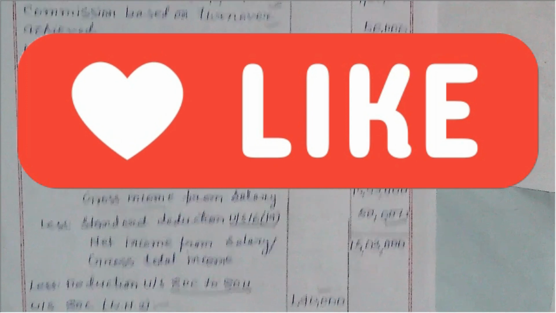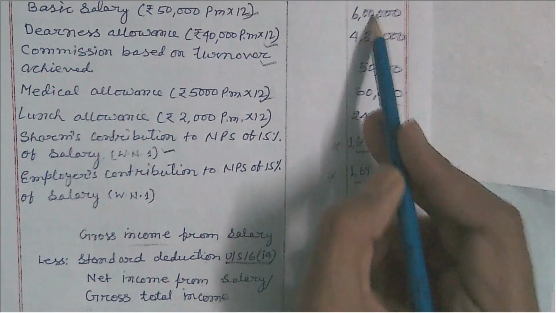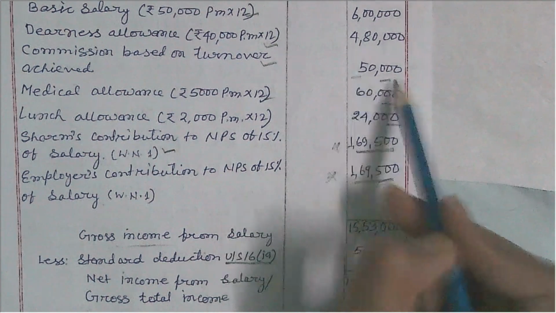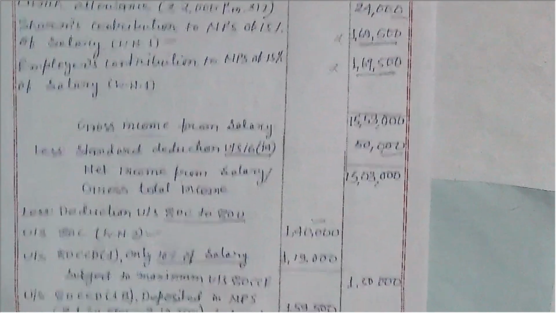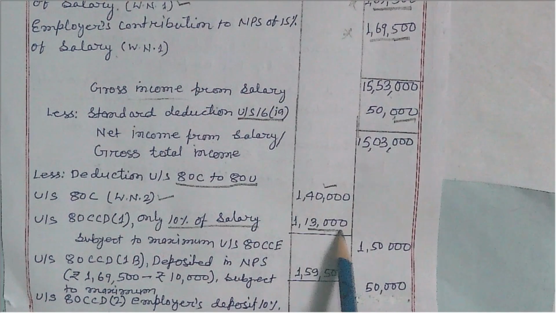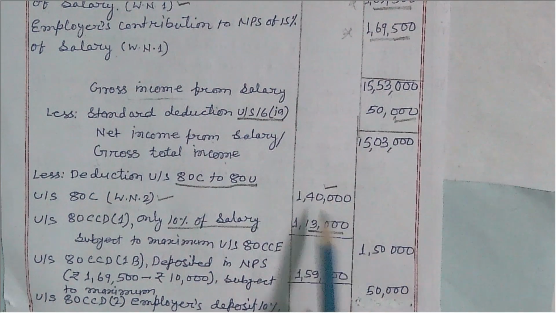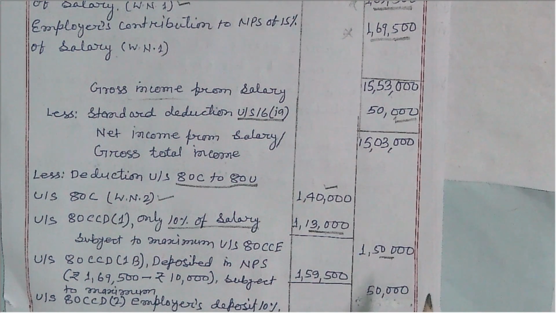So when we add these three figures, you will get 11,30,000. So 11,30,000, 10% is 1,13,000. This is the eligible amount, qualifying amount, but subject to maximum 1,50,000 only eligible for deduction.